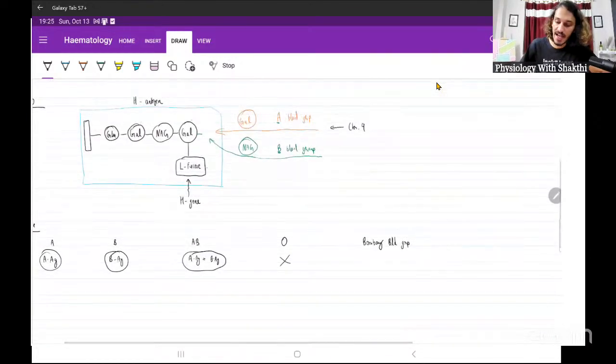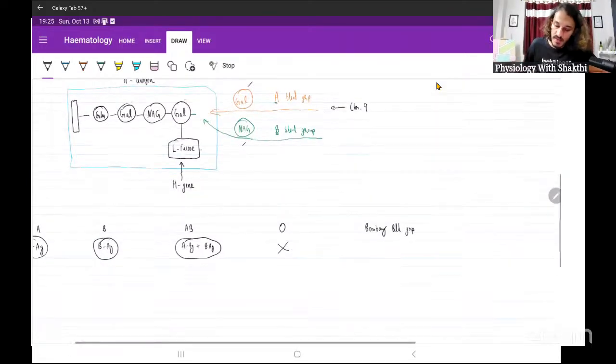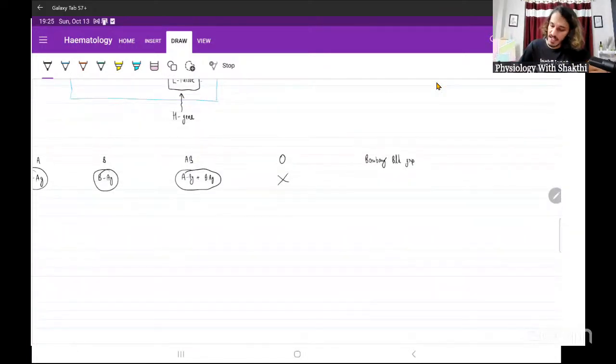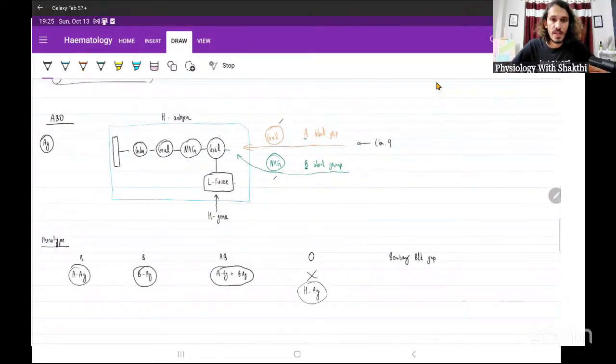It doesn't have a galactose, it does not have an extra N-acetyl galactosamine. But the person still has your H antigen. So no other specific antigen, just the basic H antigen is present. In a very small proportion of people, it was first discovered in Bombay, that's why Bombay blood group.